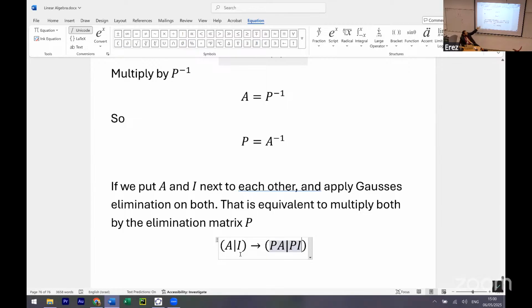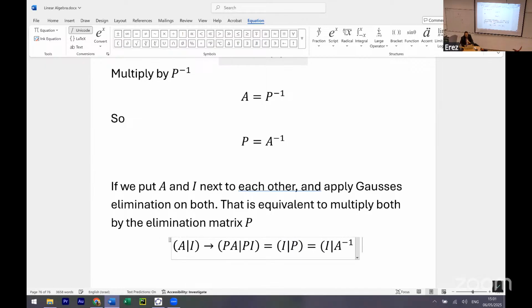So if I do the same process on both matrices, I multiply by the same elimination matrix. What is PA? It's I. If it's not I, it's not invertible, to be honest, but assume it's I. And what do we get on the right? P. And what is P? The inverse of A.